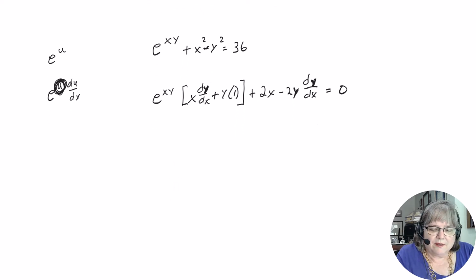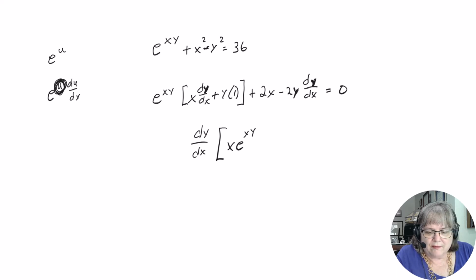Okay? So let's see if we can maybe save a step. If you look for the dy/dx terms, you have x e to the xy from here, and you have minus 2y from here, equals.